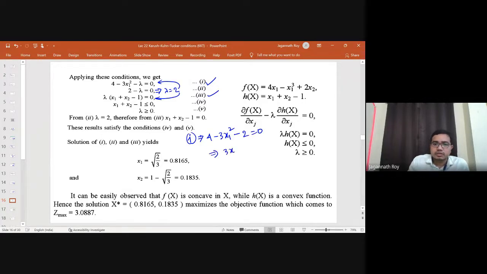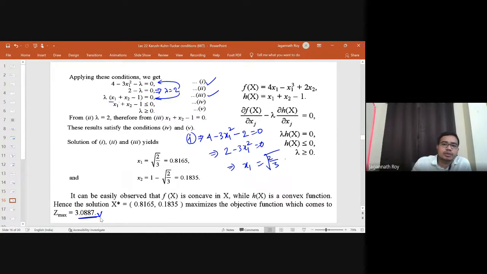So 4 minus 2, this is 2 minus 3x1 square equals to 0. So x1 square equals to 2 by 3. So directly we can find out x1. Similarly, we can find x2 from here once we find x1, and then we can find that the optimal point is this one. x star is our optimal point, and the optimal value will be this value, 3.0887.